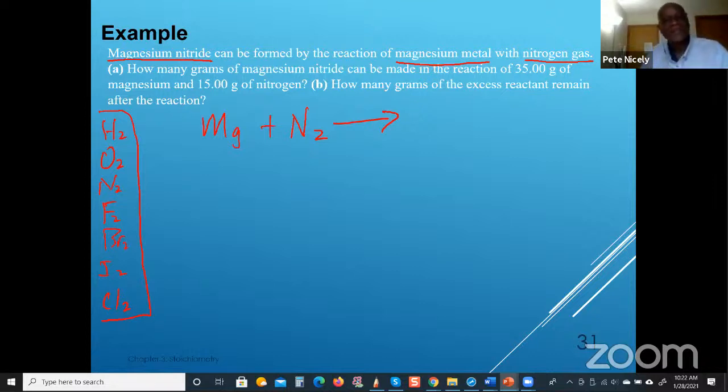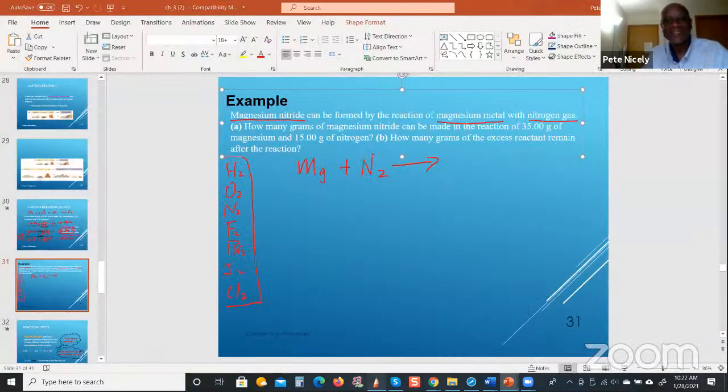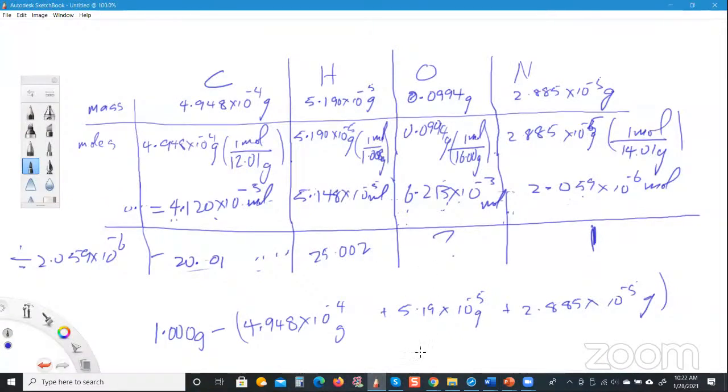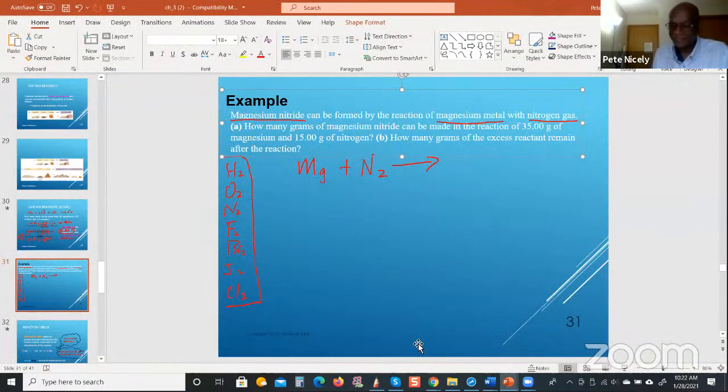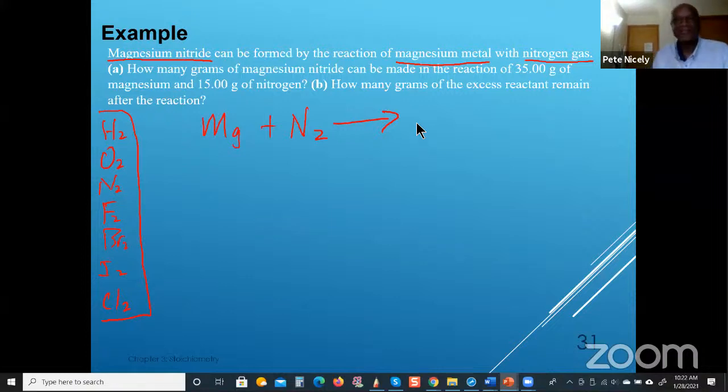Okay, let me give you a little hint. Mg3N2. Very good. Okay, thank you. So the formula for magnesium nitride is Mg3N2, right?